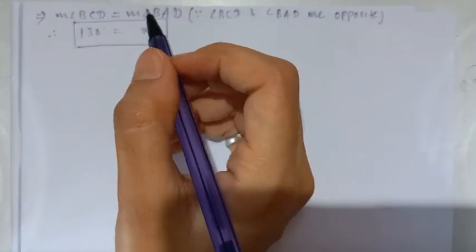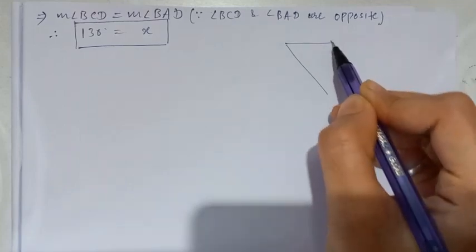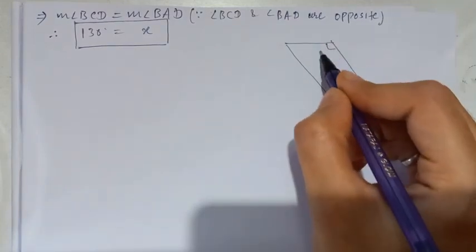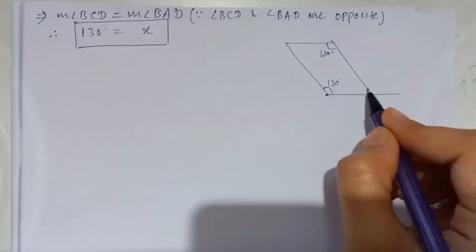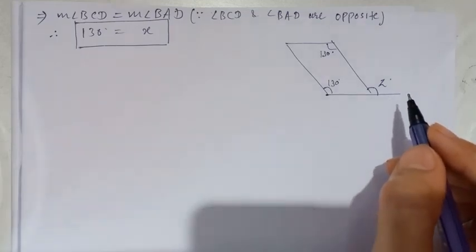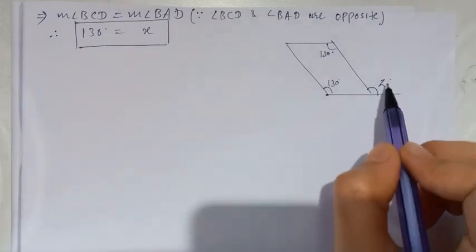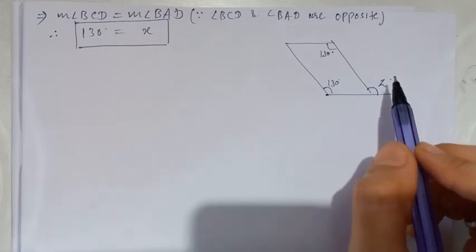And if you talk about z, we have this type of diagram. It is 130 degree, it is 130 degree, and our z is given here, and it is called an exterior angle. This z is the measure of the exterior angle.